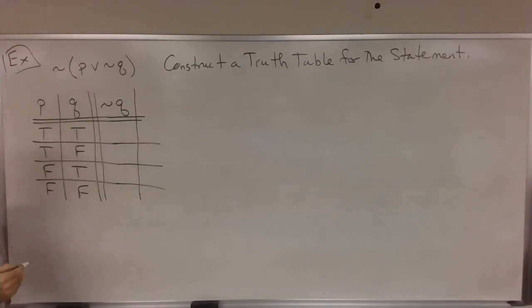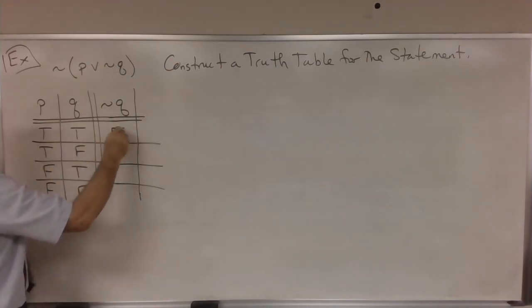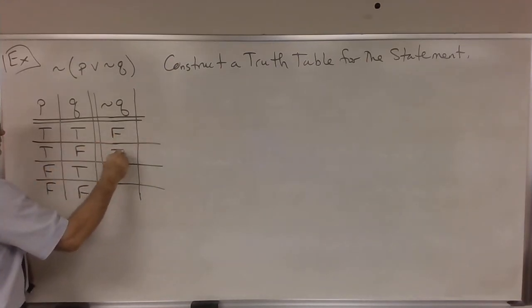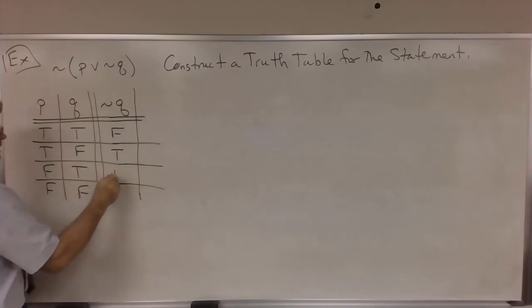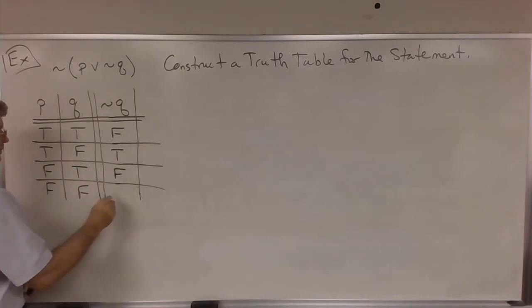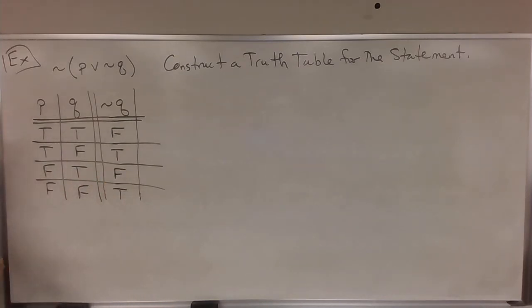And this is easy. The negation sign just changes all of the truth values to their opposites. So true becomes false, false becomes true, true becomes false, false becomes true.